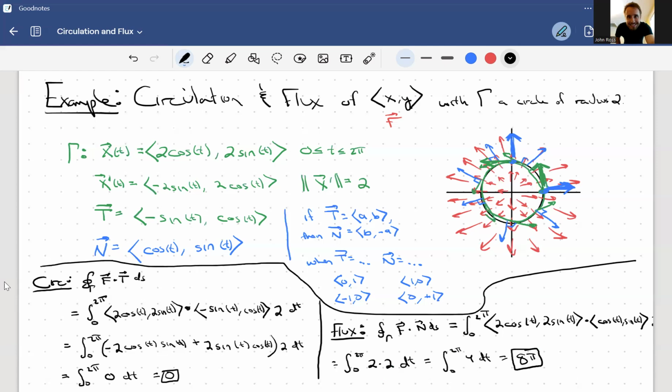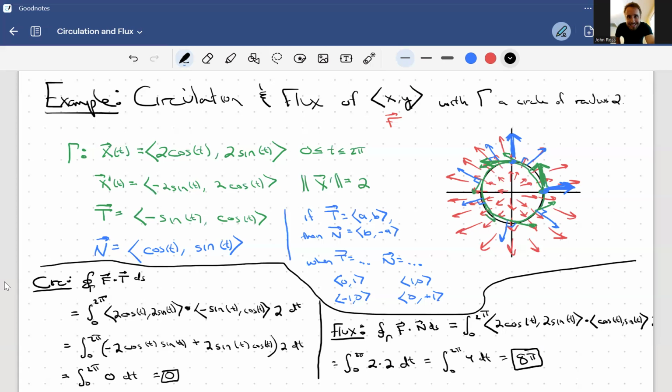Now, just to close, let's talk briefly about what circulation and flux are measuring. If we think about our vector field as describing a type of fluid flow, so either the flow of a liquid or the flow of a gas, then the circulation tells us as we go around our curve how much this vector field is contributing to that path. So the circulation is telling us how much our vector field is contributing to our little particle as it circles around the simple closed curve.